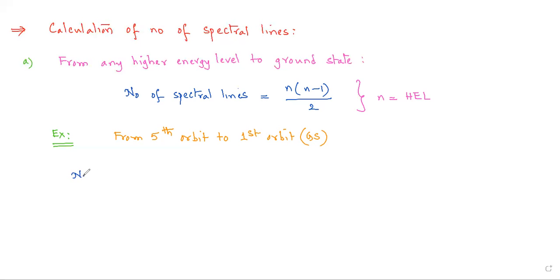The number of spectral lines can be given as 5 into 5 minus 1 by 2. So that comes out to be 10, right? Because 5 minus 1 is 4, 2 2s are 4. So that is 10.